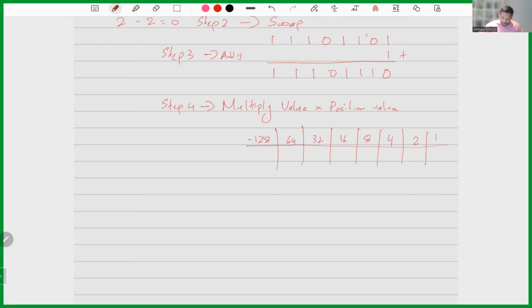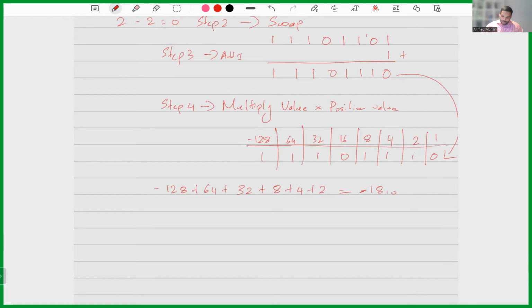Bringing this value over here, we have 1, 1, 1, 0, 1, 1, 1, 0. So now you have minus 128 plus 64 plus 32 plus 8 plus 4 plus 2. If you keep adding these values from minus 128, you would reach minus 18. So this is how you write a negative decimal number in binary format.